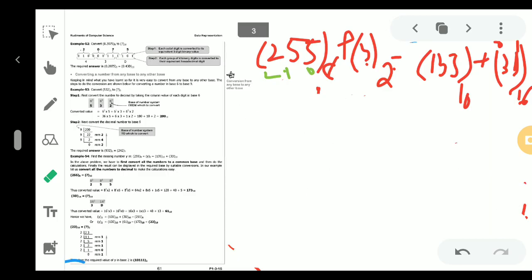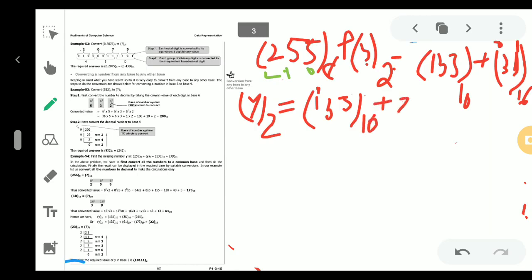The equation is written. So if we need to get the y of 2 value, y of 2 is equal to what? 135 base 10 plus 3d base 16 minus 255 base 8. Okay, 135 is already in base 10, so we don't have any issues.